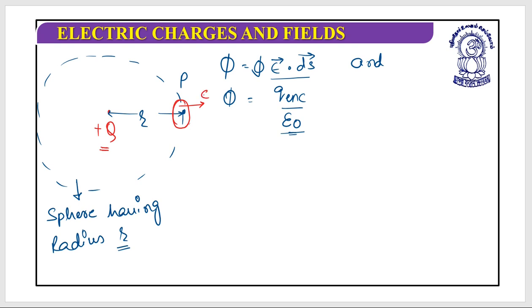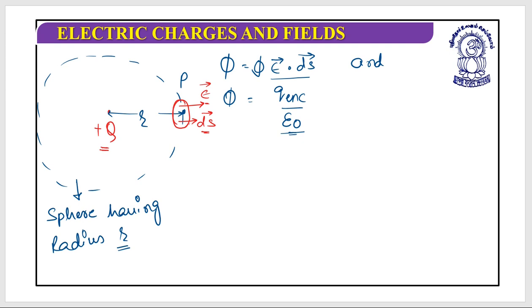So this would be the direction of the electric field. Very good. Now what would be the direction of the area vector? It is perpendicular and outside the surface. So for this position, the direction of the area vector would be in this direction. So if I look at the angle between E and dS, it is zero.